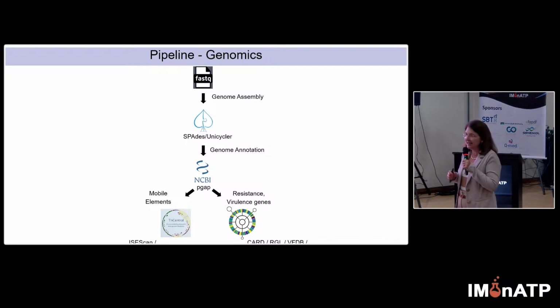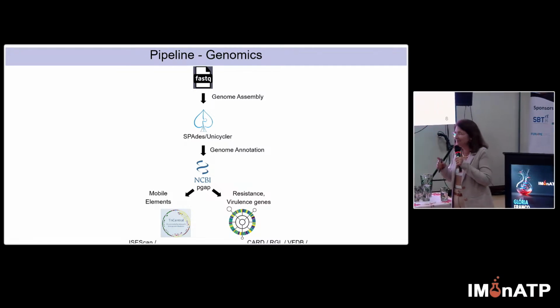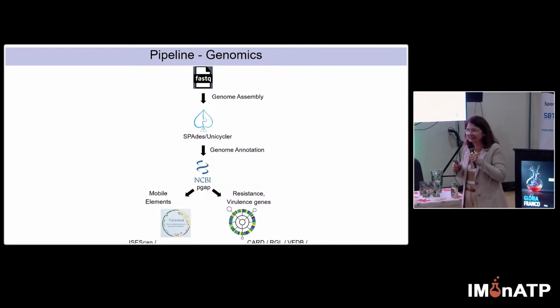This bacteria has approximately 3,000 to 4,000 genes, but interestingly, most of them are unannotated, almost 50%. And there are more than 5,000 different genomes of Acinetobacter baumannii in the data banks, and even so, almost 50% are unknown genes.